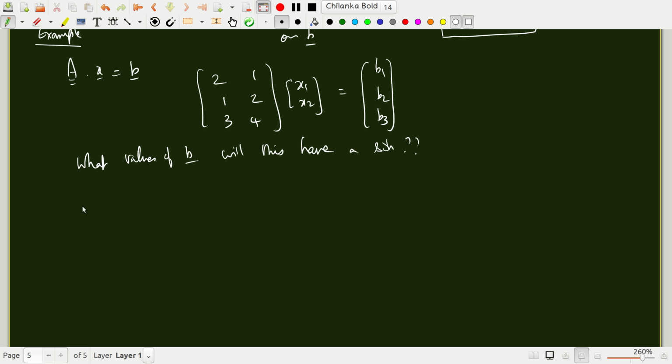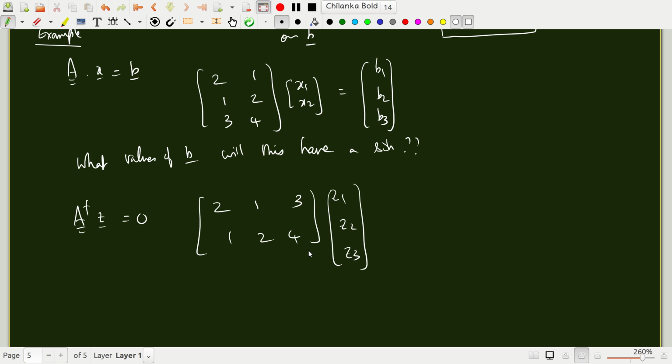First we have to solve A dagger Z is 0. So A dagger is 2 1 3 1 2 4, operating on Z, a three-component vector, is 0. Now you can find the homogeneous solution to be minus 2 by 3, minus 5 by 3, 1.